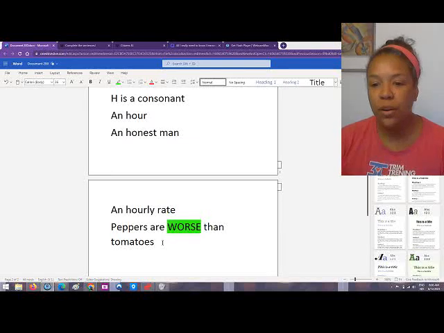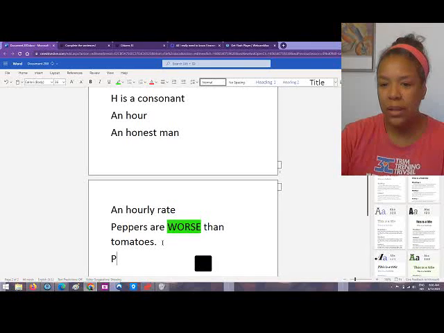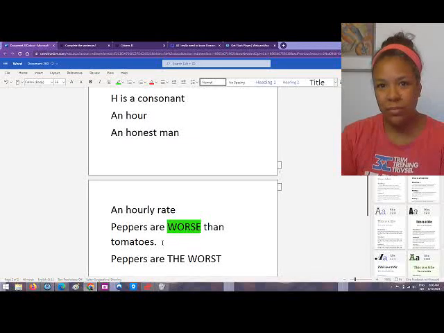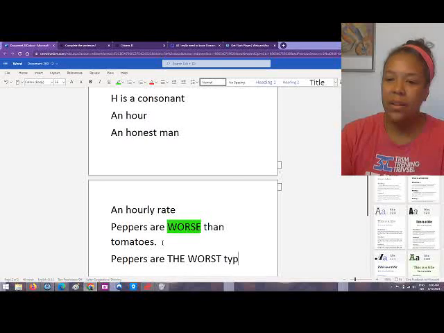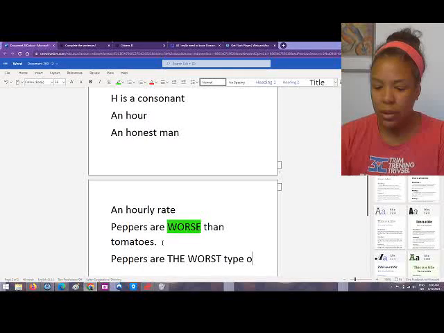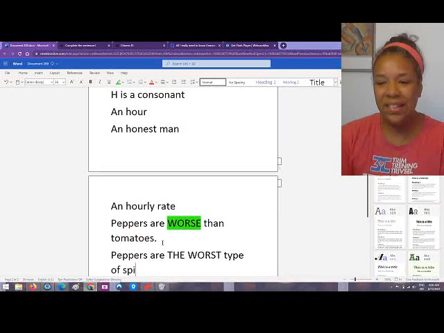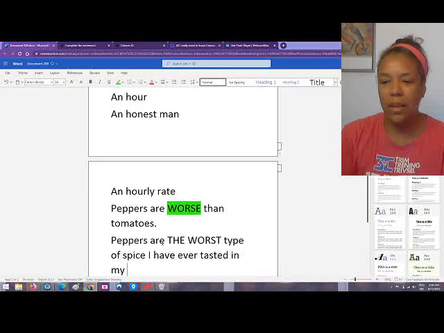When you compare one thing, for example, peppers are the worst type of spice I have ever tasted in my life.